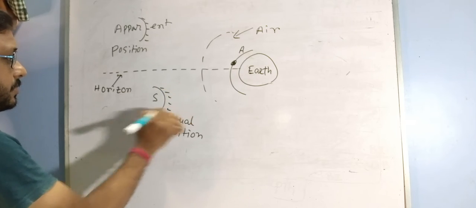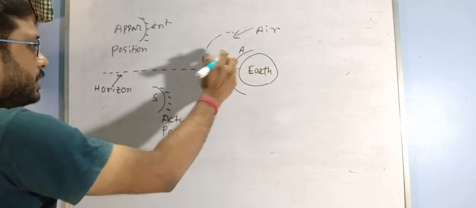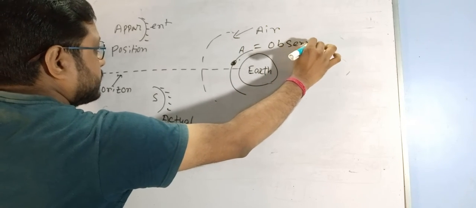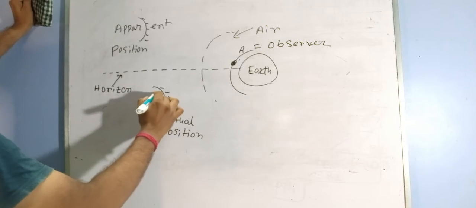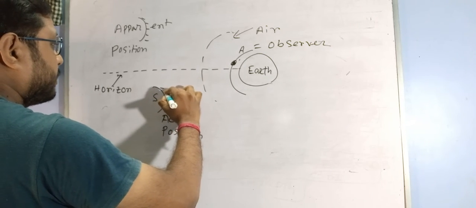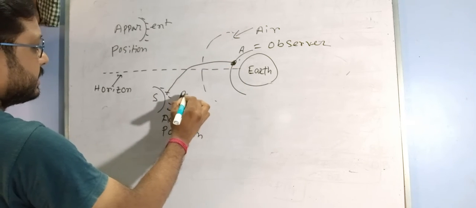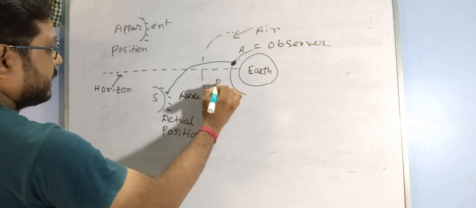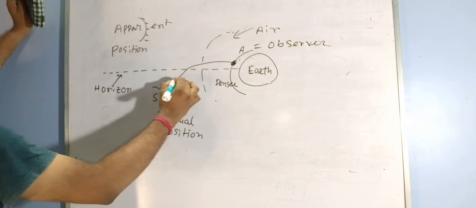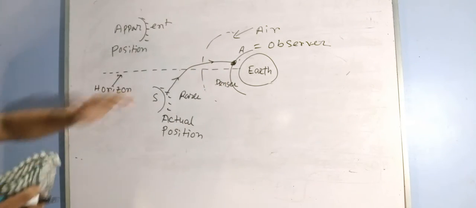Then when rays go from the actual position to the observer A standing on Earth's surface, the ray goes from rarer to denser, as this is rarer and the Earth's atmosphere is denser. So the ray will be refracted towards the normal.